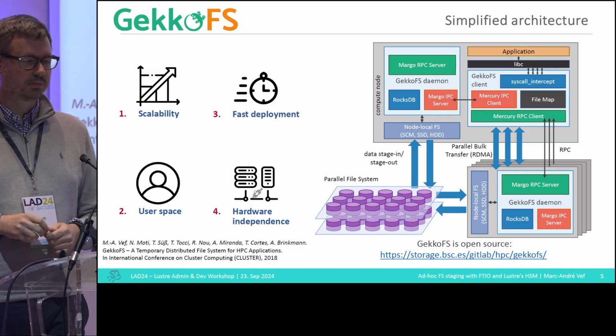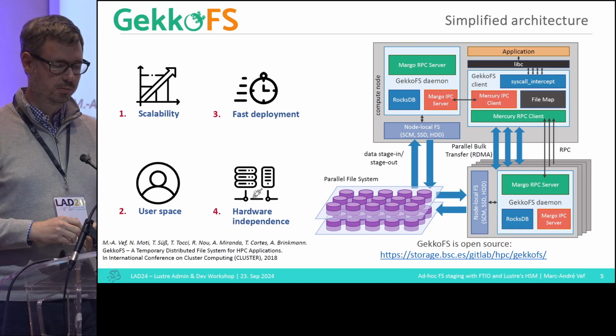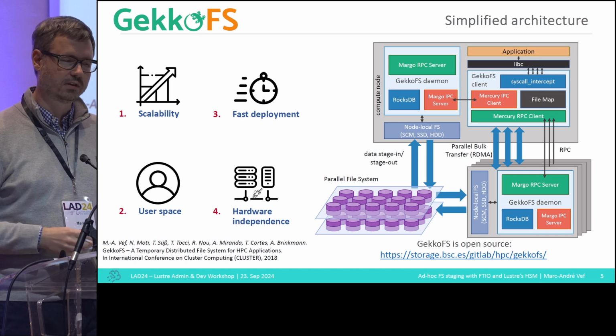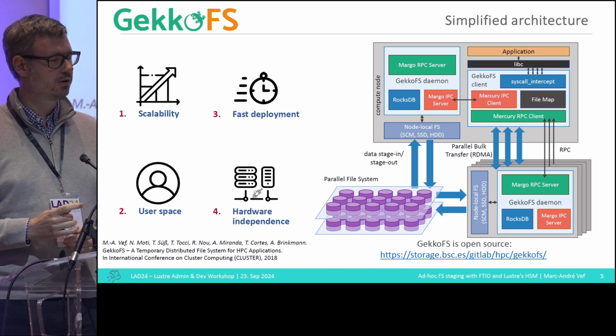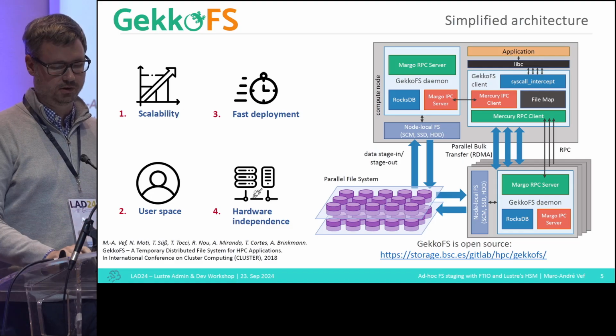I will not go too deep here into GekkoFS, but these are the key points. We have several publications where you can read more, including the performance that we have. For instance, with already a couple of server nodes, we get millions of metadata operations, like stat and create and these things.